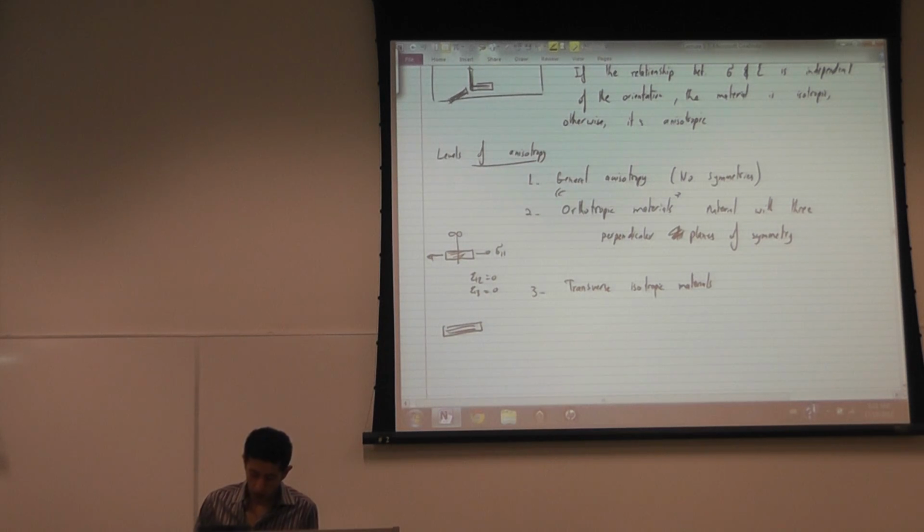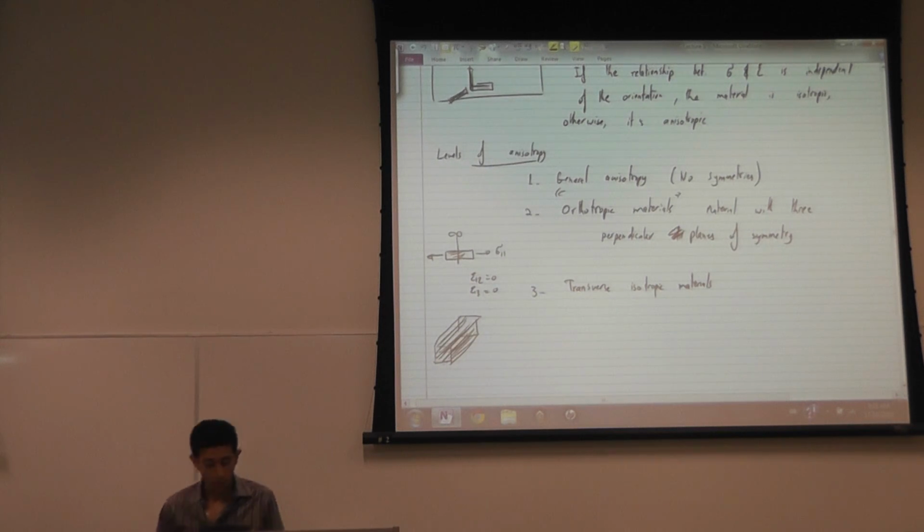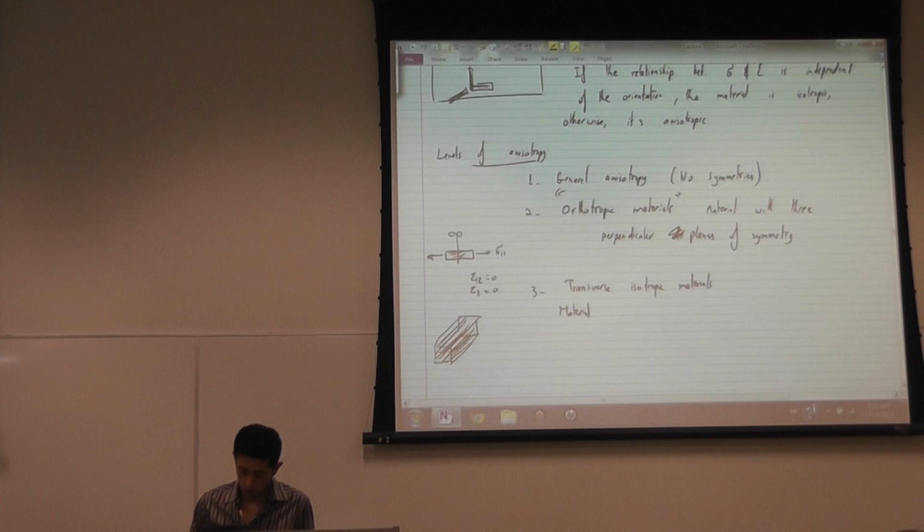So for example, the direction of E3, let's say a specimen that has fibers in the direction of E3. It has one plane of symmetry.